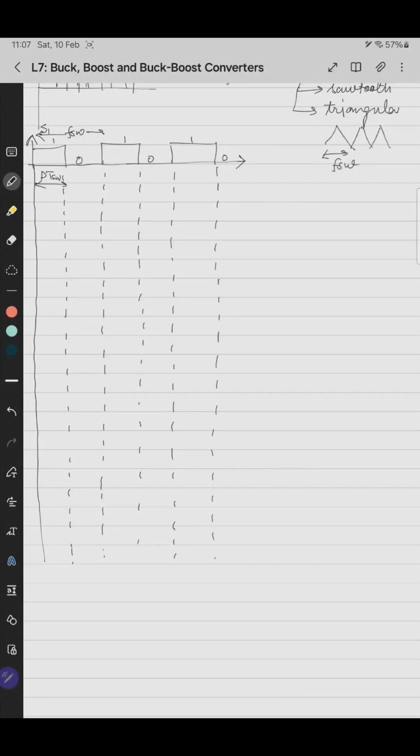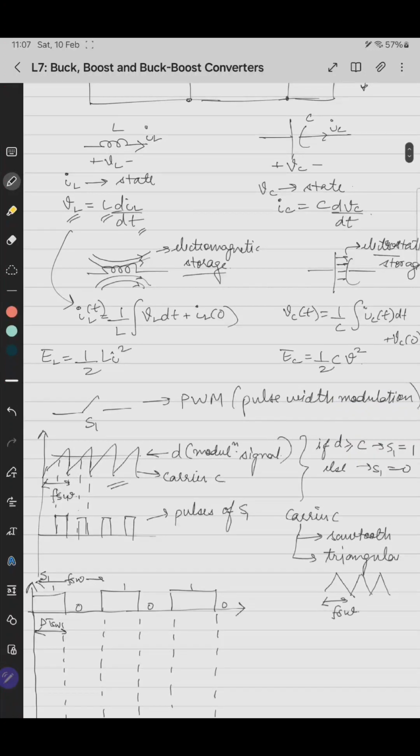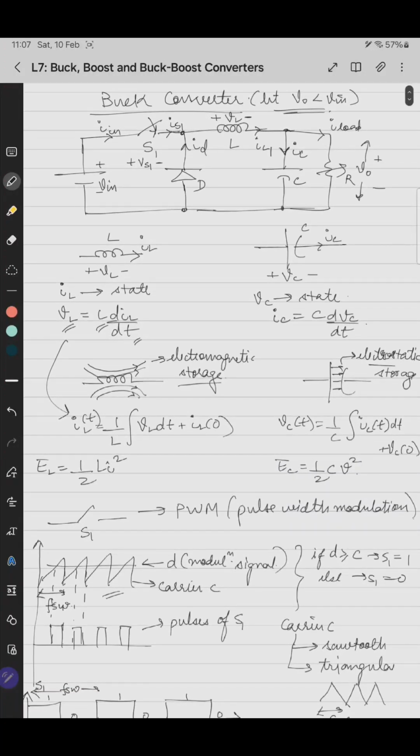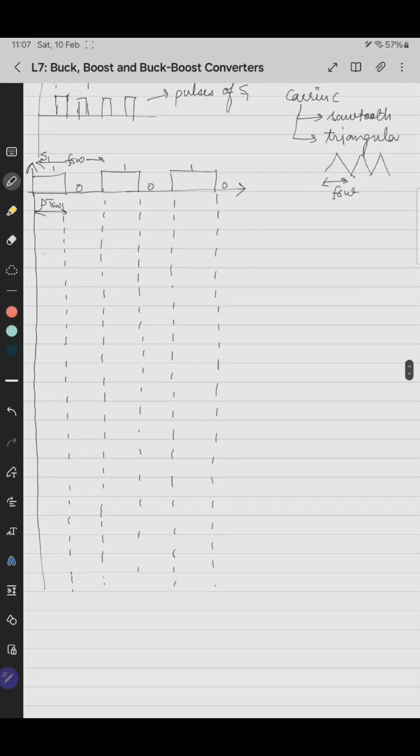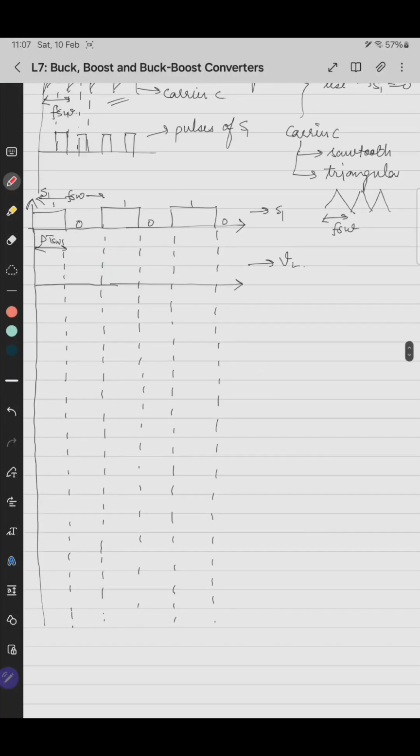So when the switch is on, we'll first see how the states will behave. We'll see the voltage across the inductor VL. This is S1, this is VL. So VL will be V in minus V naught, and when it is off, it is minus V naught.